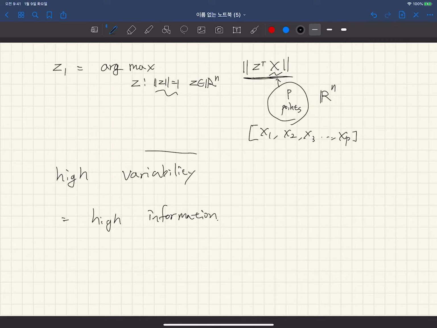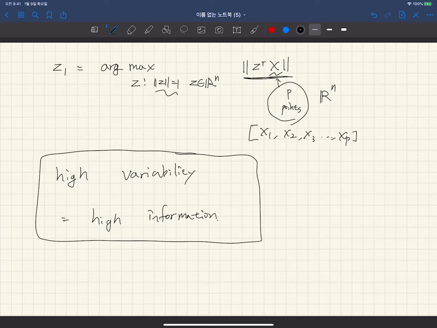Dimension reduction is a compression technique. From the original P data points, we will just use m vector points in n-dimensional Euclidean space.